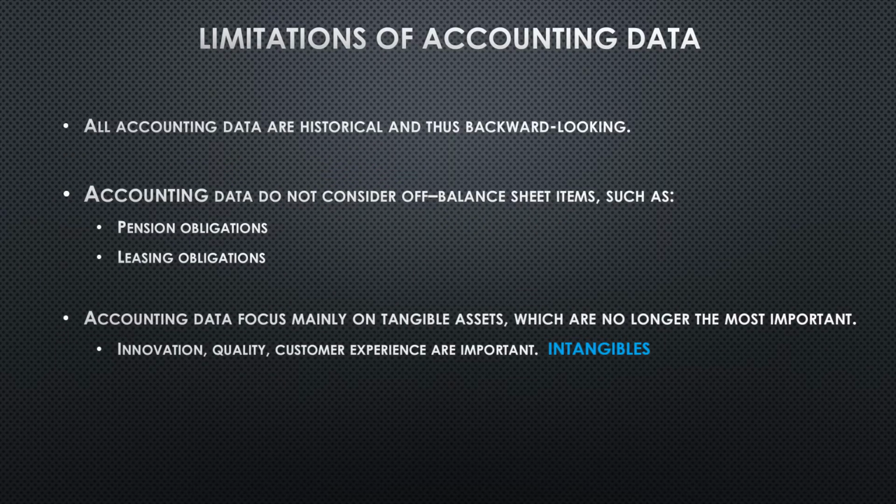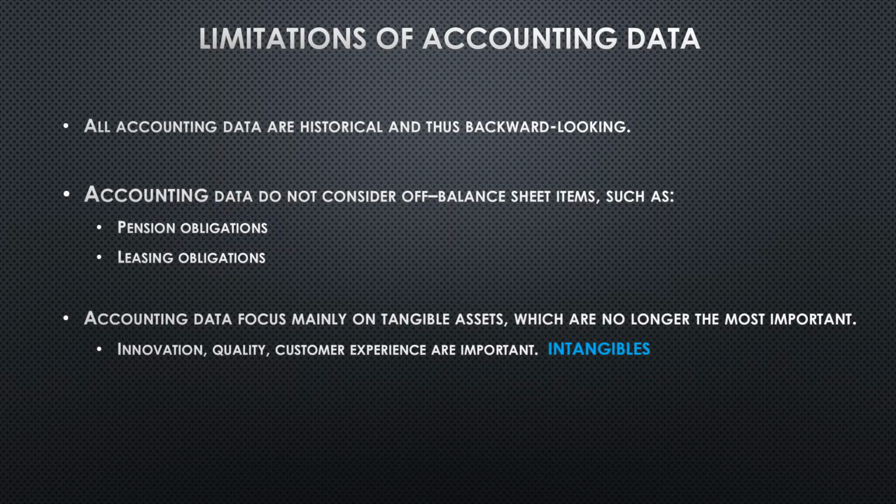The limitations of accounting data are that they're all historical, and as a result, accounting data is backward looking. Accounting data also does not consider off-balance sheet items such as pension obligations and leasing obligations, many of which can carry a pretty high price tag.